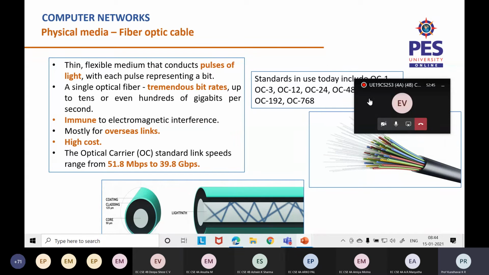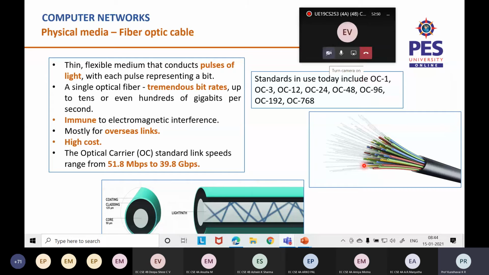Can you look at this picture? The transparent ones are made out of glass. They are shielded in plastic, but they are made out of glass. So here there are no electromagnetic waves. The bits are not transferred in electromagnetic waves. Rather, they are transmitted in the form of light.